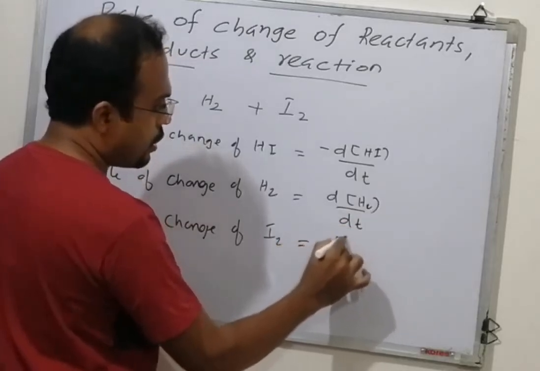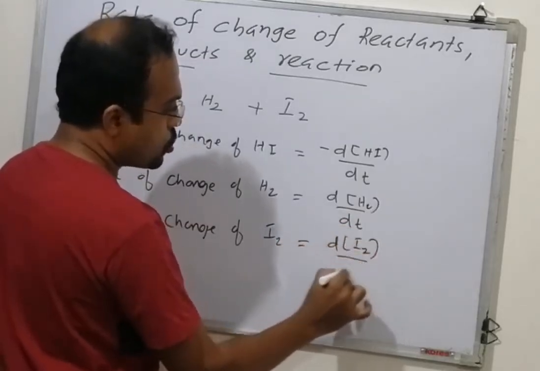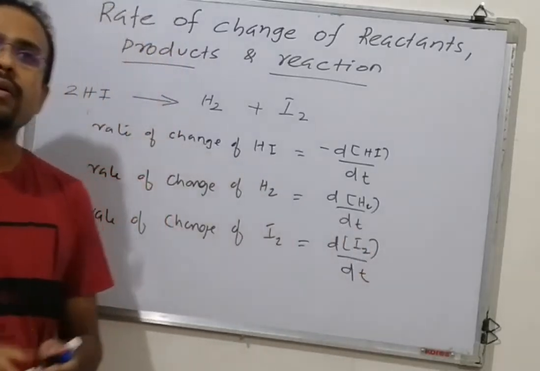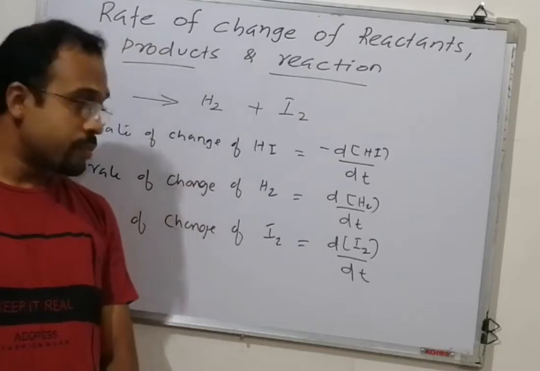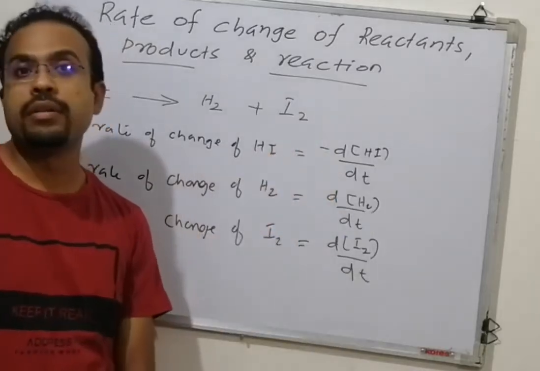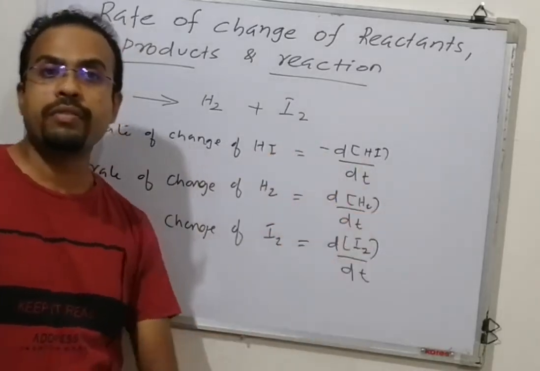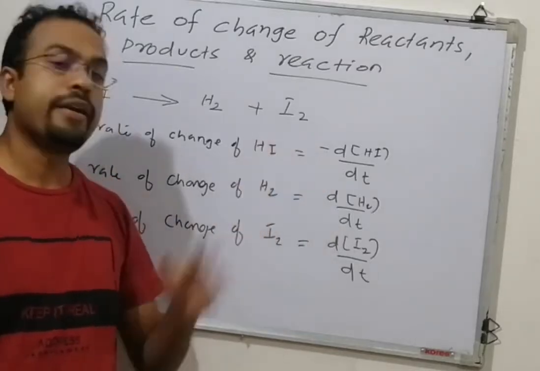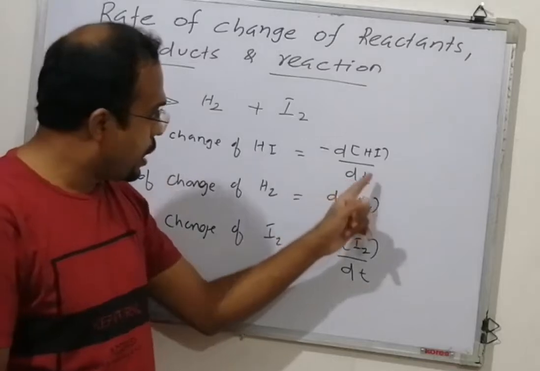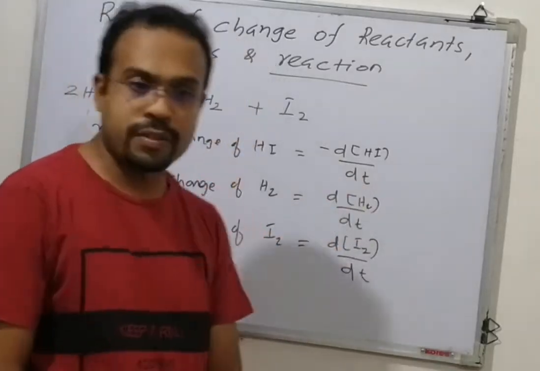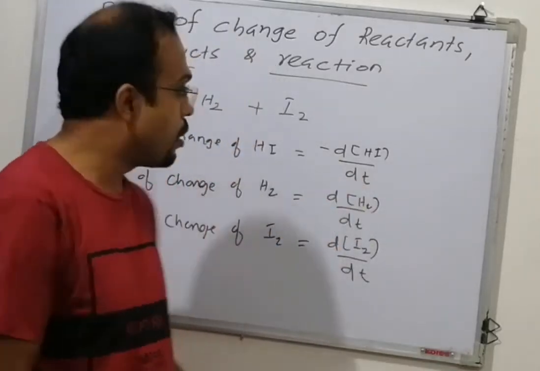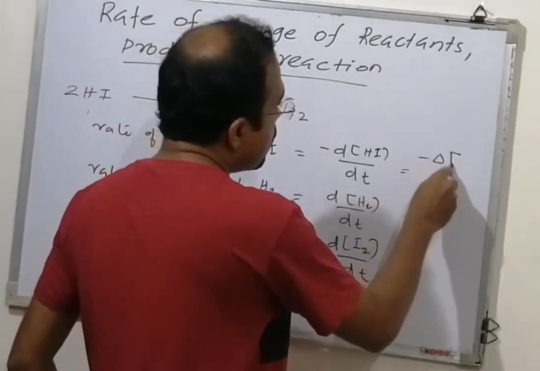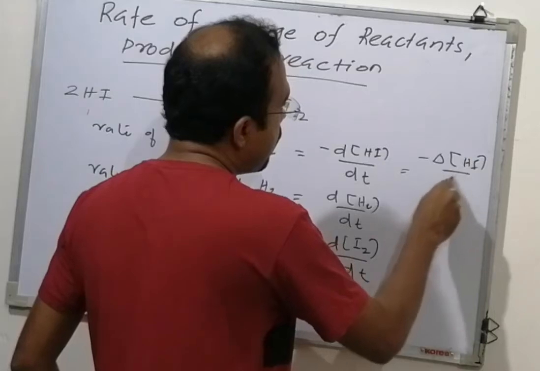This is d[I2]/dt. My dear students, do you know why this negative sign? That has been explained in the previous video. If you have not watched it, please watch it and get the idea. And this derivative is just because of instantaneous rate. If you write the average rate, obviously you will get delta[HI] by delta t.